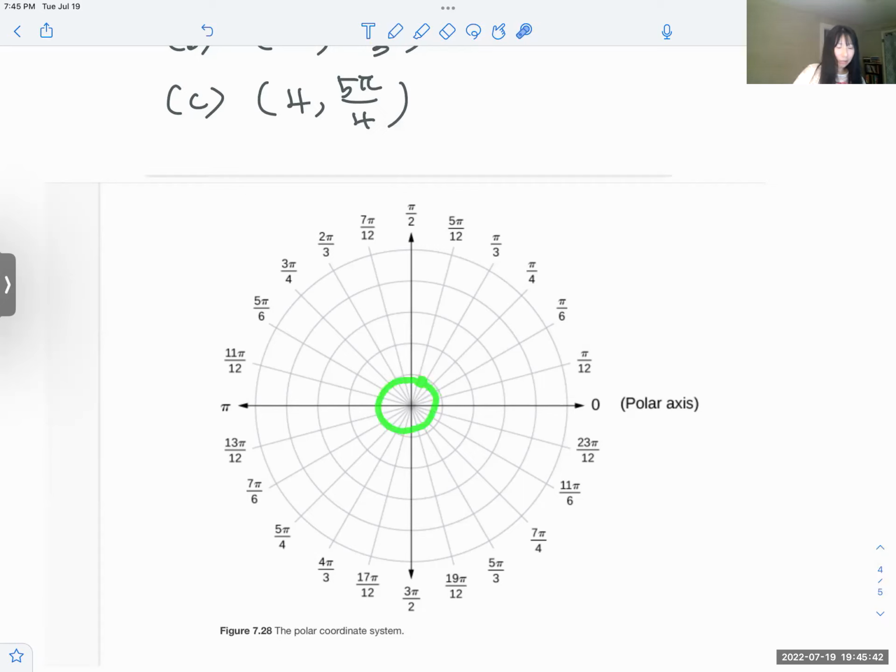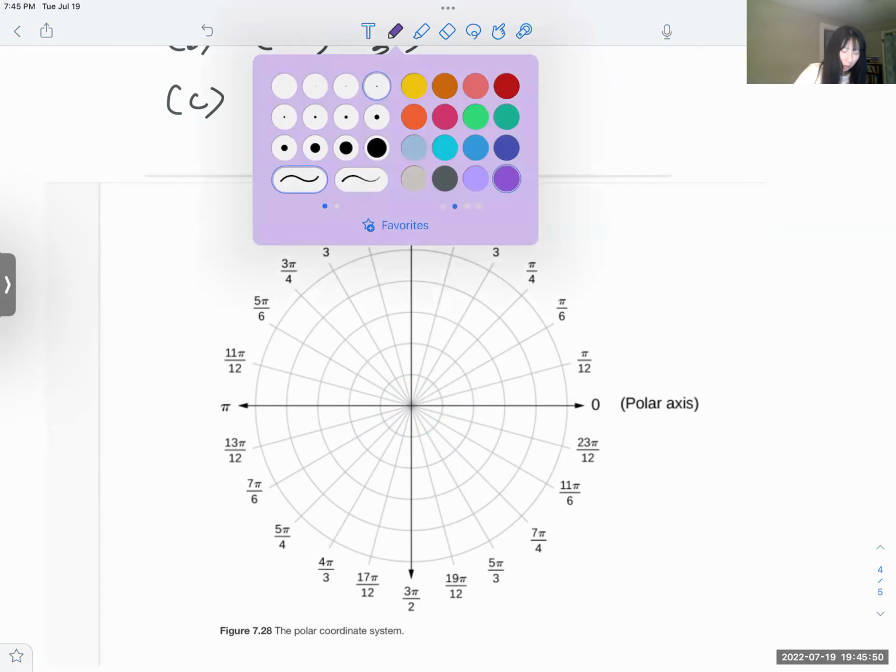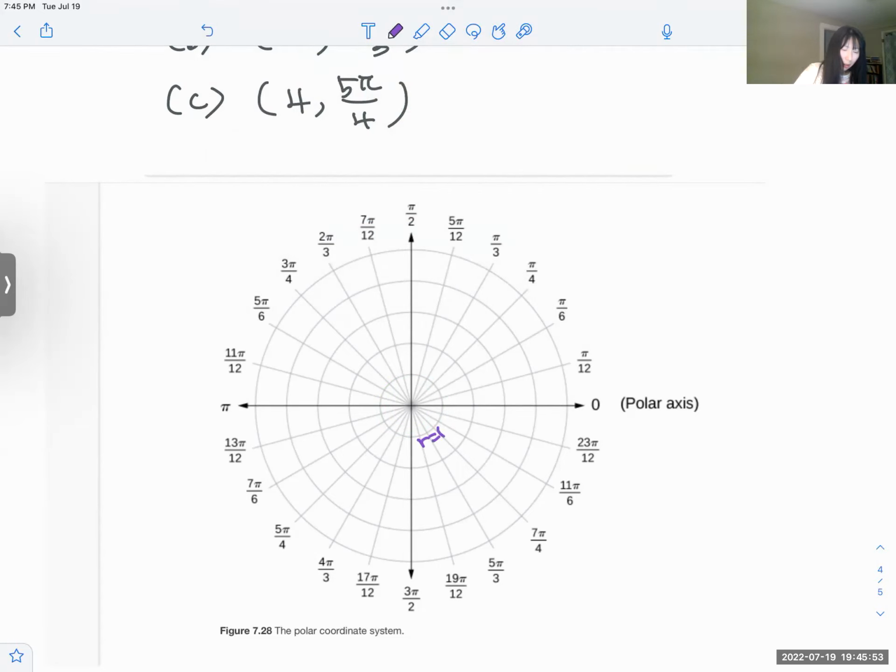So this is r equal to 1, this one r equal to 2, and the third one r equal to 3, then the fourth one r equal to 4, r equal to 5. And we can keep drawing, 6, 7, 8, 9, 10, right?